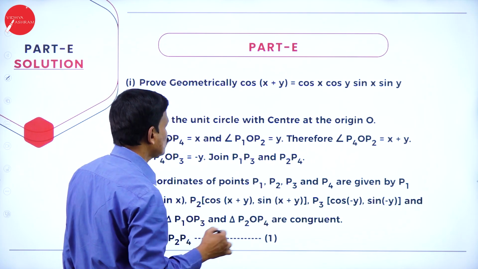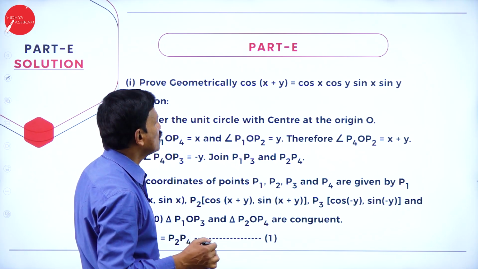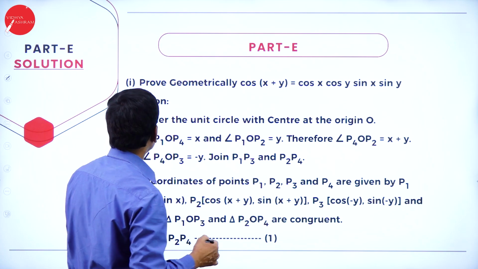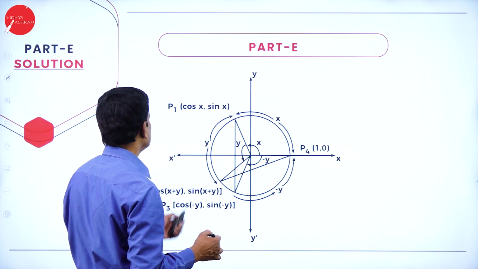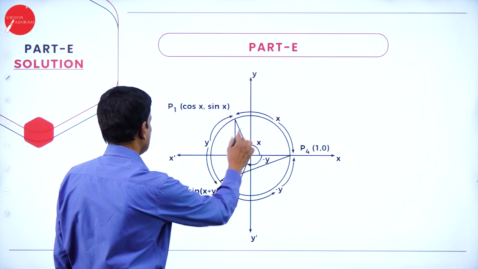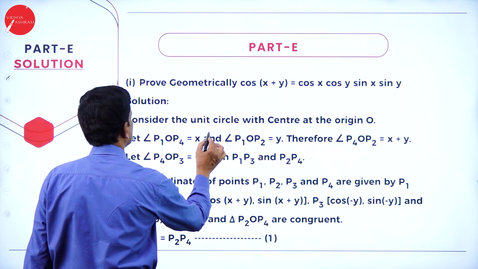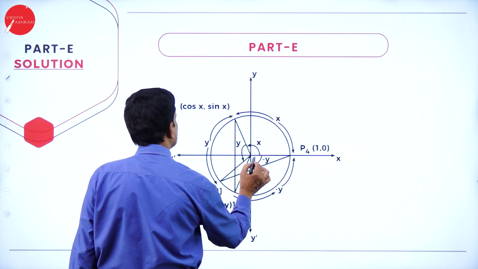The first one: prove geometrically cos(x plus y) is equal to cos x cos y minus sin x sin y. For the solution, consider a unit circle with center at the origin. O is the center of the circle.